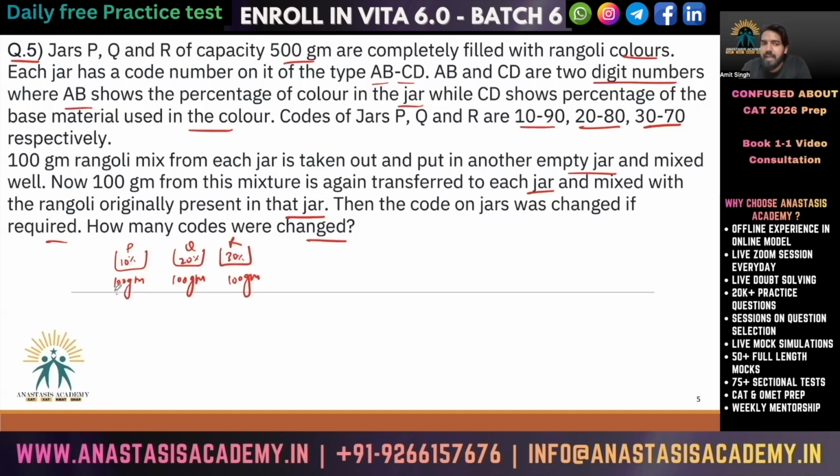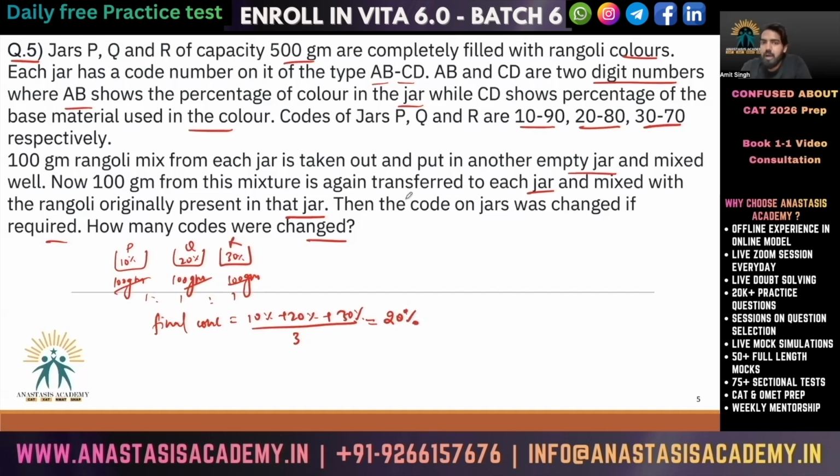So if I am adding them in equal quantity, that is 1:1:1, what would be the final concentration? Final concentration of color would be 10% plus 20% plus 30%, a simple arithmetic mean, upon 3. It would be 60 by 3, which is 20%. So the final concentration of color I'm getting is 20%.